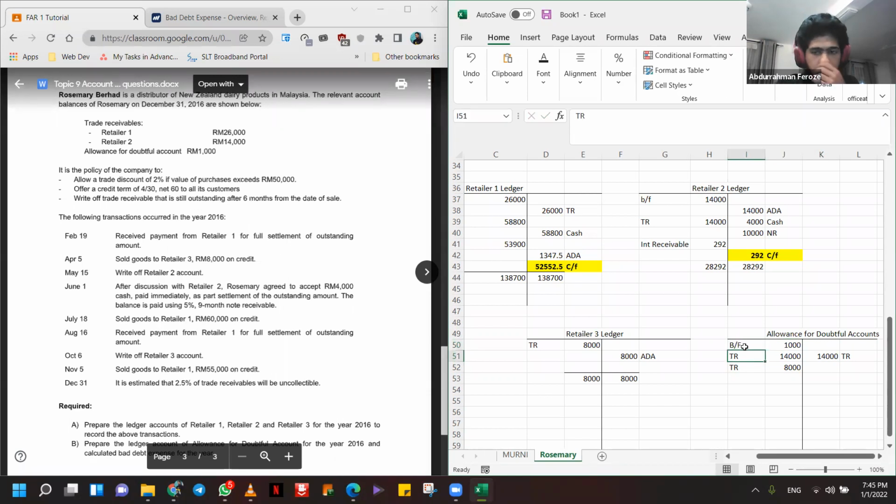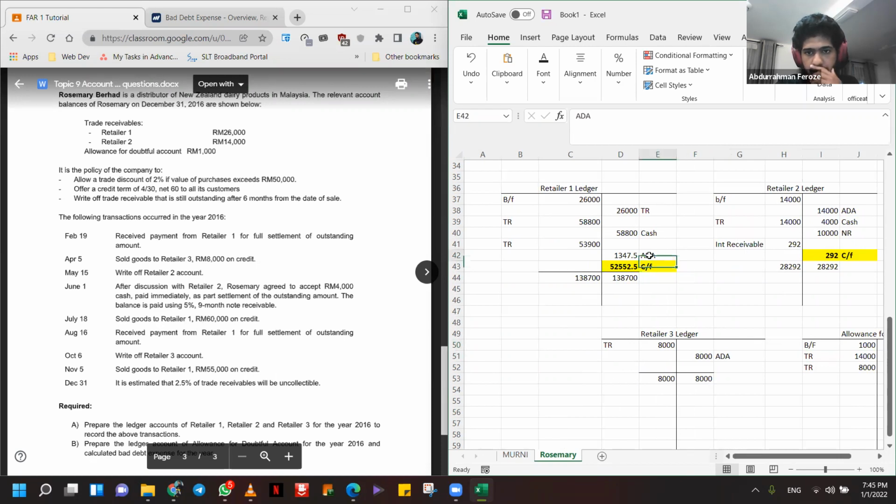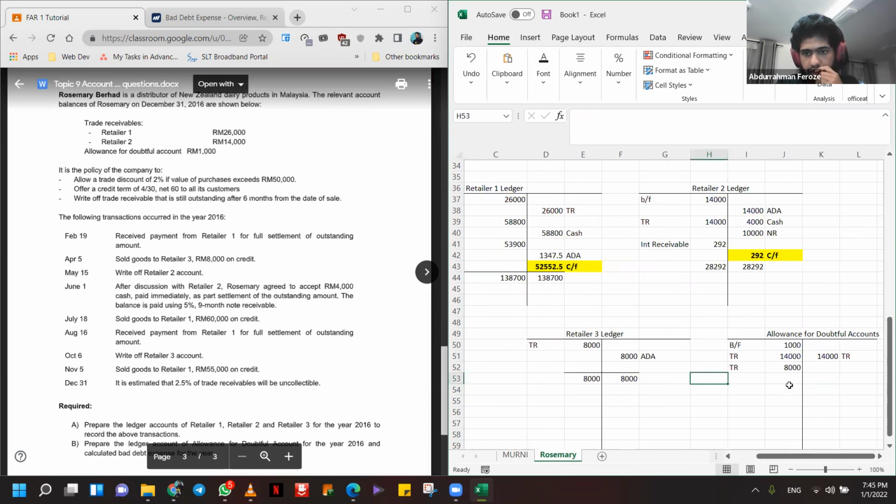Brought forward amount, right? So we have that, right? And then we also have this over here which is this ADA was also added. So we have 1,347.5.